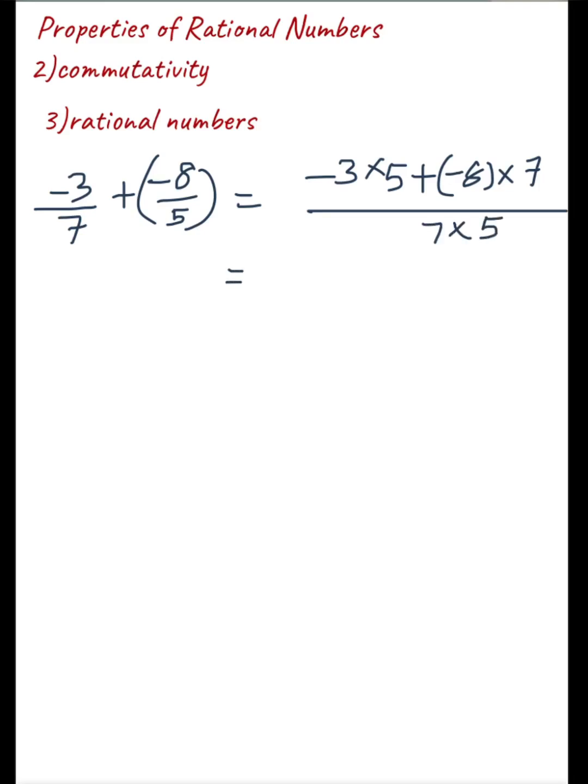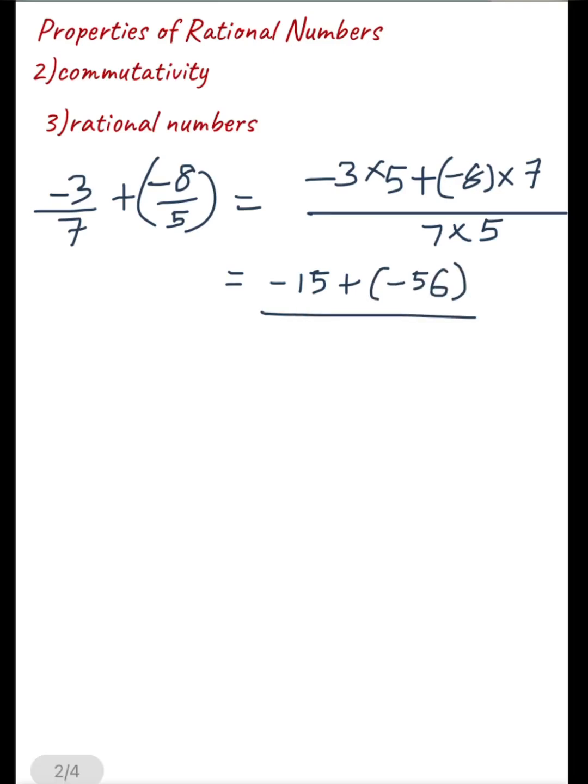Minus 3 into 5 is minus 15, plus minus 8 into 7 is minus 56. 7 into 5 is 35. Now minus 15 plus minus 56 means you have to add them. So minus 71 by 35 will be the answer.